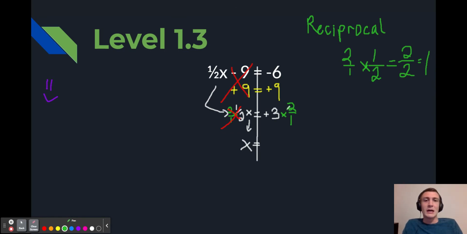Not bad. But I want to do this as a fraction in case you get a harder one in the future. So we get 3 over 1 times 2 over 1, which equals 3 times 2 is 6, and 1 times 1 is 1. 6 over 1, which equals, well, just 6.